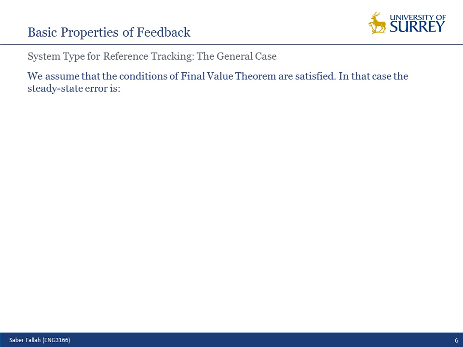So, we assume that the conditions of the final value theorem are satisfied. What are the conditions of the final value theorem from the second lecture? All poles should be in the left hand plane.